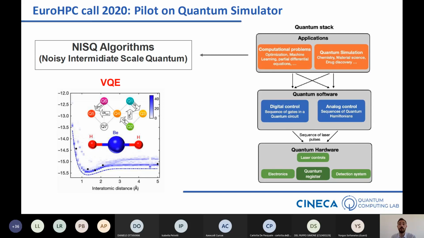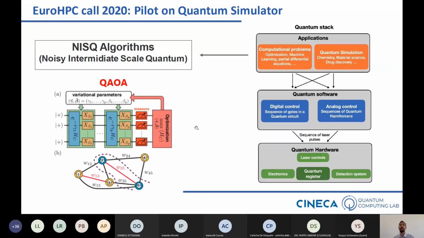One element of this class is VQE, the variational quantum eigensolver, which is used to calculate the ground state of molecules. Then we have QAOA, the quantum approximate optimization algorithm.